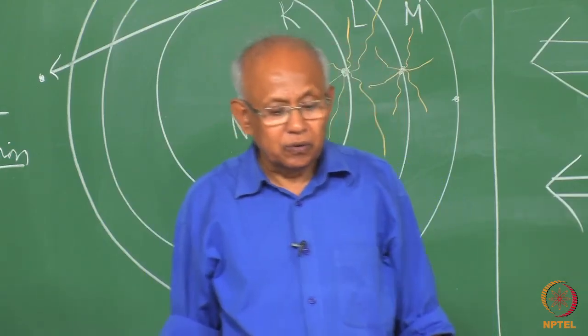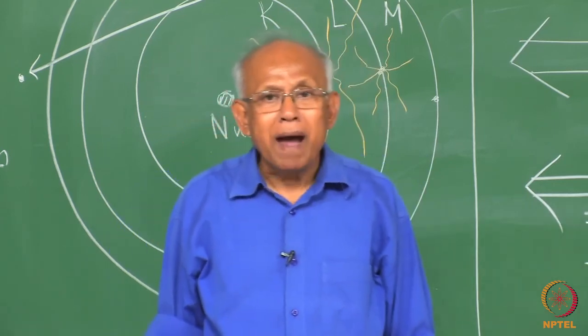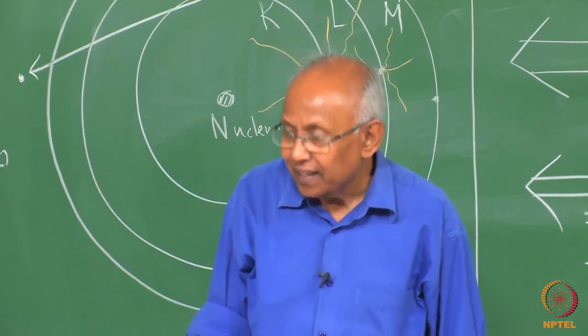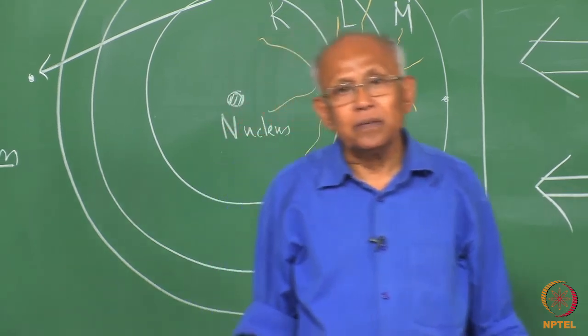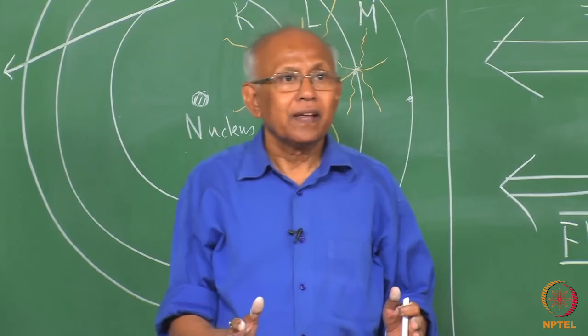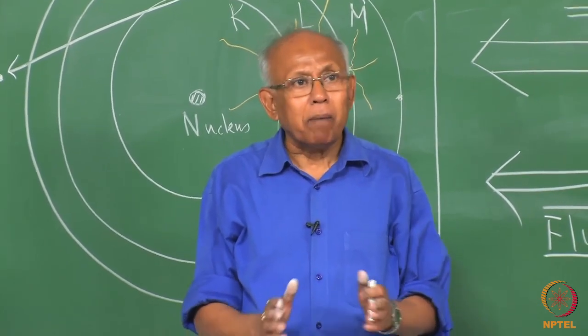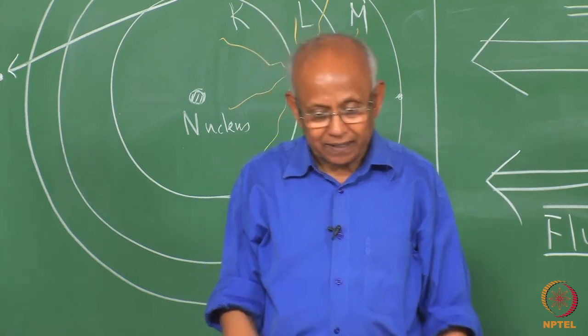Now, I am going to tell you about how matter absorbs X-rays. As we are all aware, when you pass X-rays through a material, part of it gets absorbed and only a part gets transmitted.